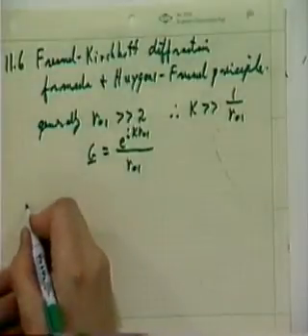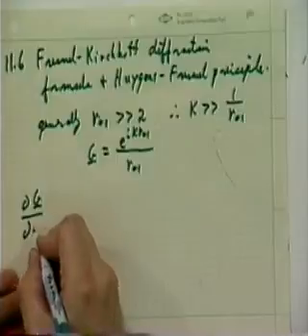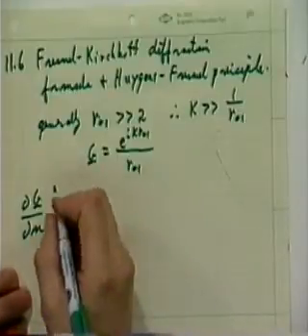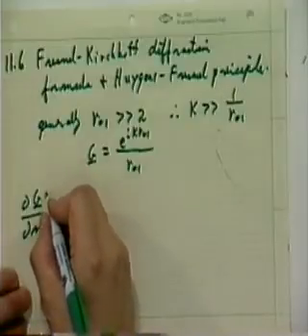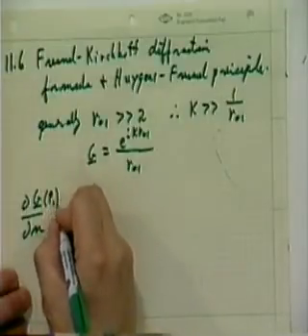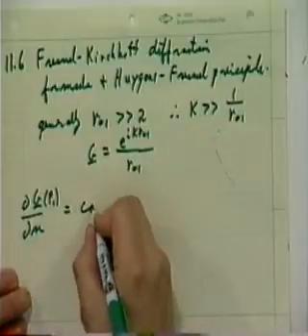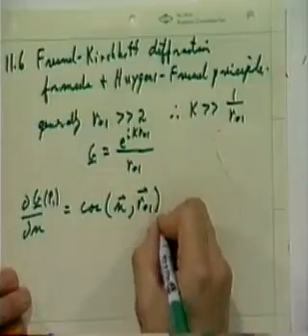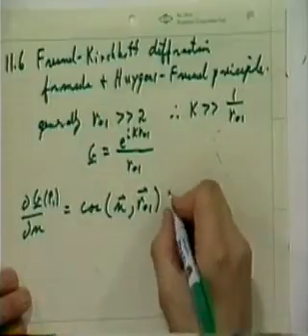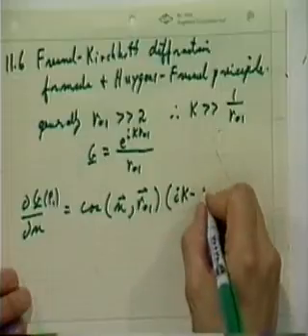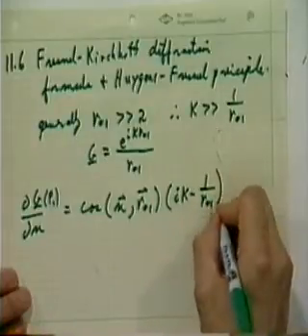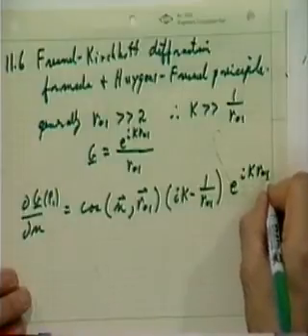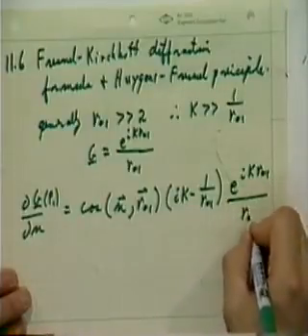So now, partial of G with respect to n at point P1, say, is cosine of (n, R01), similar to what we did last class, times ik minus 1 over R01, e to the ikR01 divided by R01.